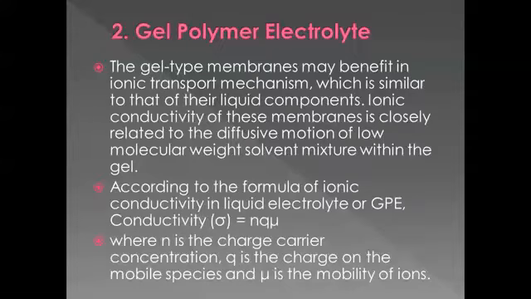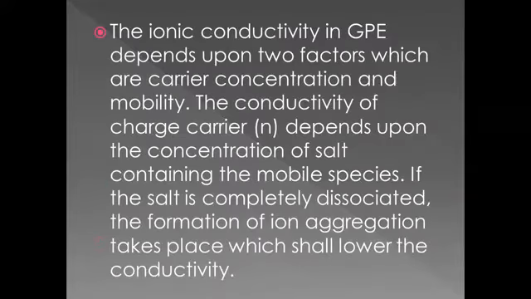gel. According to the formula, the ionic conductivity of liquid and gel polymer electrolyte sigma equals N Q mu, where N is the charge carrier concentration, Q is the charge on the mobile species, and mu is the mobility of the ion.